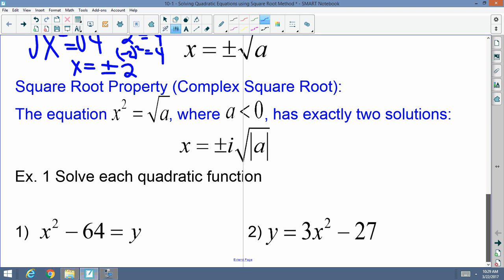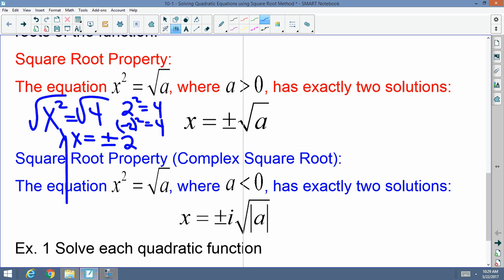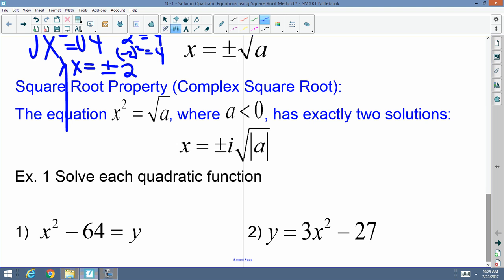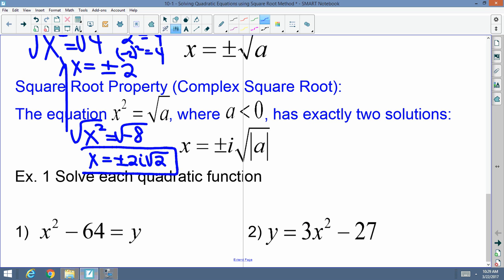For example, if I have x squared equals negative 8, I'm going to square root both sides. x is going to equal plus or minus 2i times the square root of 2. We already know that once you take out the i, you've taken the negative away from the radicand, and that's what you'll be left with. But you will be left with a plus or minus.